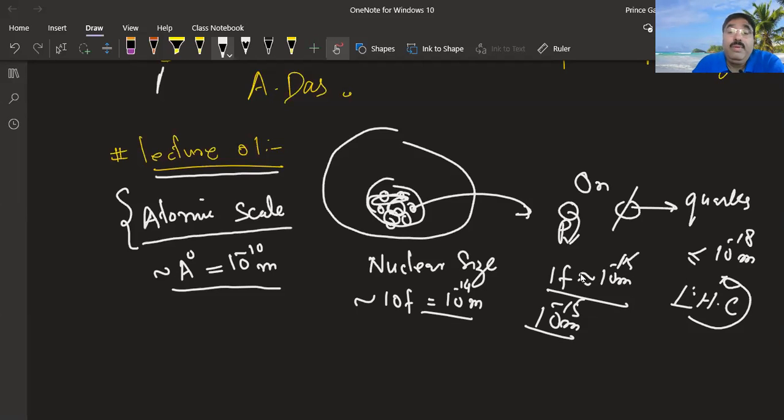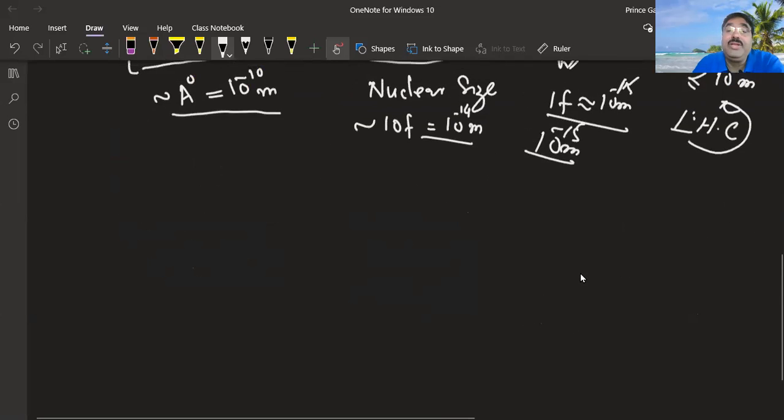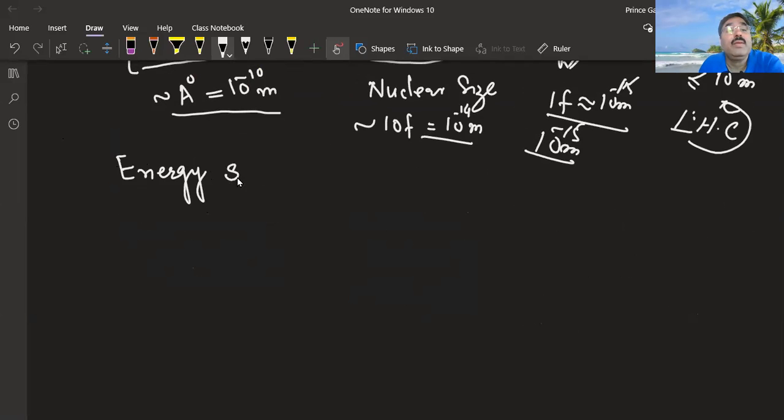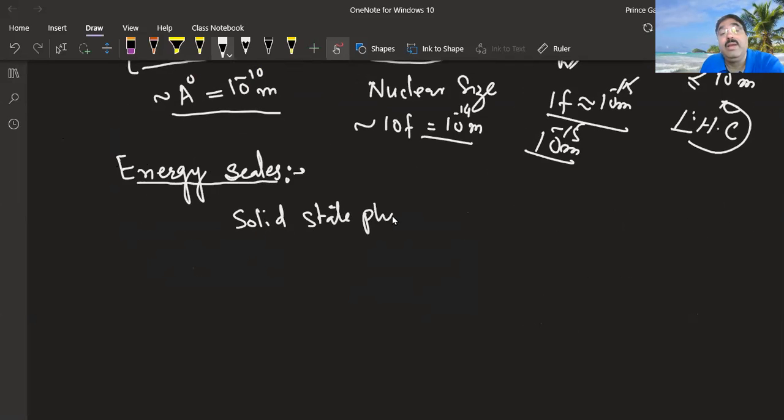Then we will be discussing energy scales. So what are the energy scales that we will be dealing with? Okay. Now in solid state physics, right?